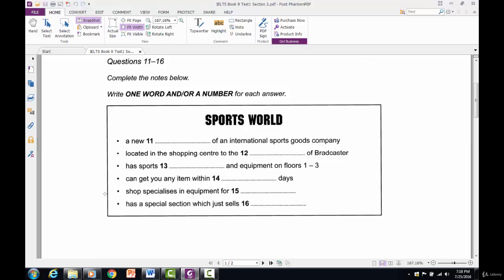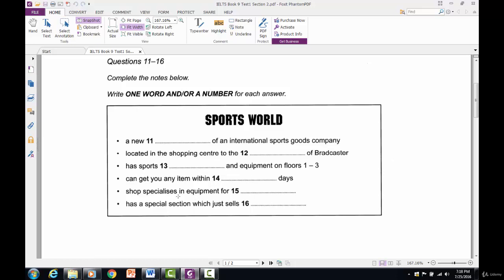Number 13 says, has sports, blank line, and equipment on floors 1 through 3. So whatever this answer is, it's connected to and equipment. Sports something and equipment.